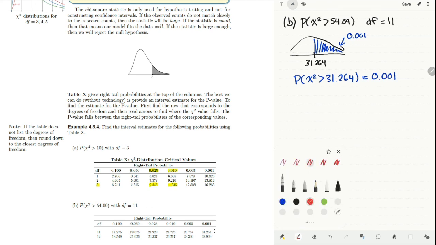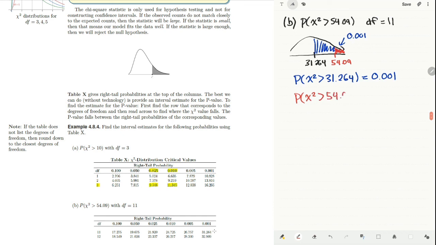And what we want is to determine the area to the right of 54.09, which will correspond to this area. If the area to the right of 31.264 is equal to 0.001, then that tells us that the area to the right of 54.09 has to be smaller than 0.001.